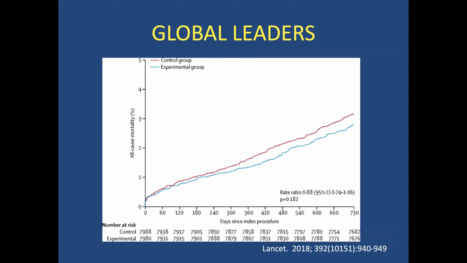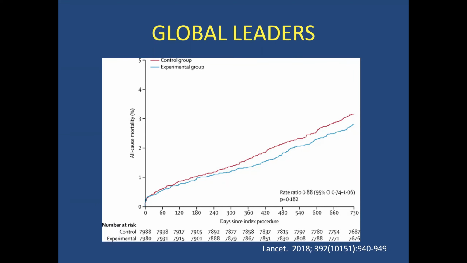So the GLOBAL LEADERS trial actually looked at treating patients for 1 month with dual antiplatelet therapy of aspirin and ticagrelor. And then the experimental group was 1 month aspirin and ticagrelor and then 23 months of just ticagrelor. And then the control group was aspirin and ticagrelor for 1 year and then 1 year of just aspirin.